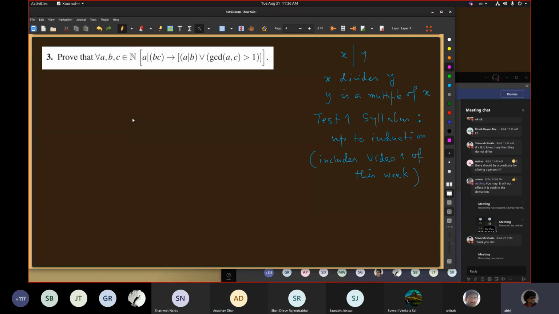This is called a disjunctive syllogism or something like that. So I will assume A divides the product BC and GCD(A, C) equal to 1, to prove A divides B. This is a nice way of proceeding.